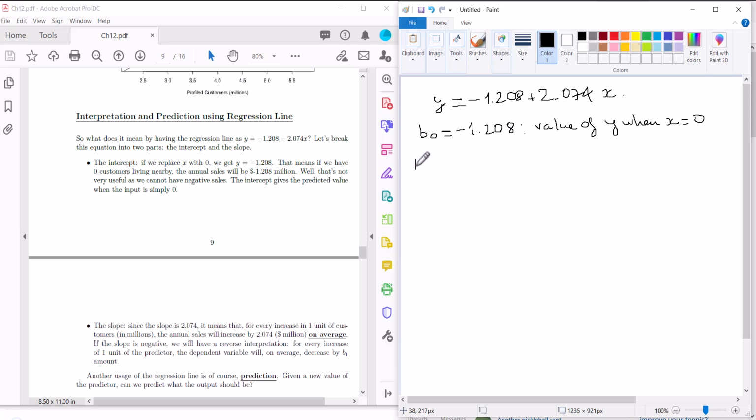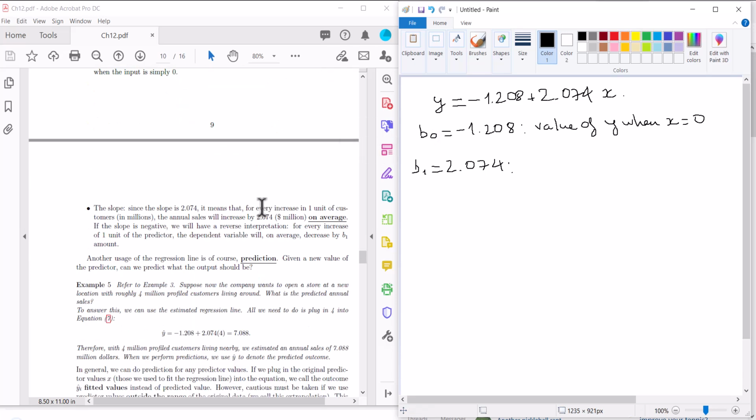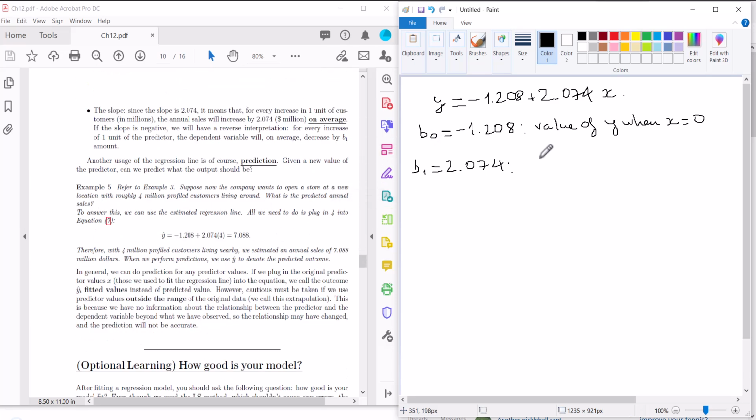What about the slope? The slope is B1 equal to 2.074. Now this one has some meaning. Let's say that if you take x and you increase it by 1, so in this case, we have a store with 1 million more customers.